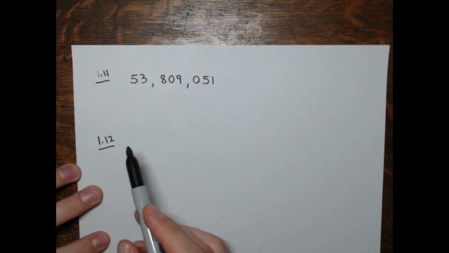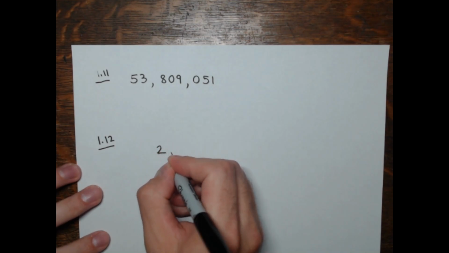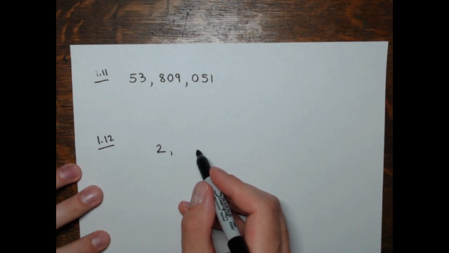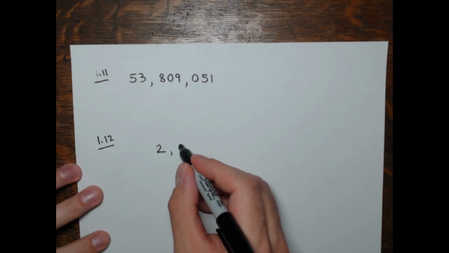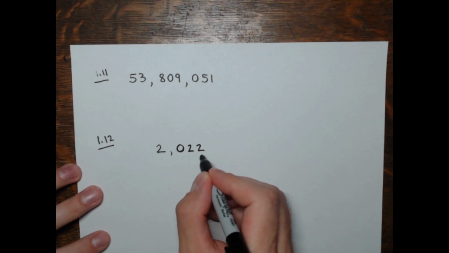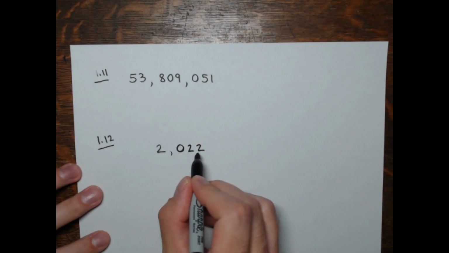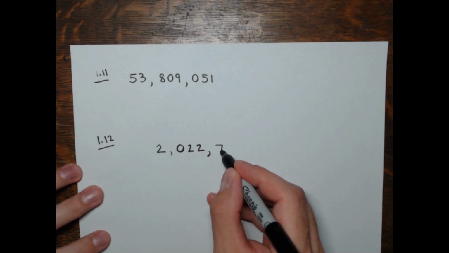So this is 1.12. So we have 2 billion. So just 2, comma, 2 billion, 22 million. So again, 22, there's no hundreds there, so you have 0 in the 100 million spot. There's 22. 2 billion, 22 million, comma, 714,000.